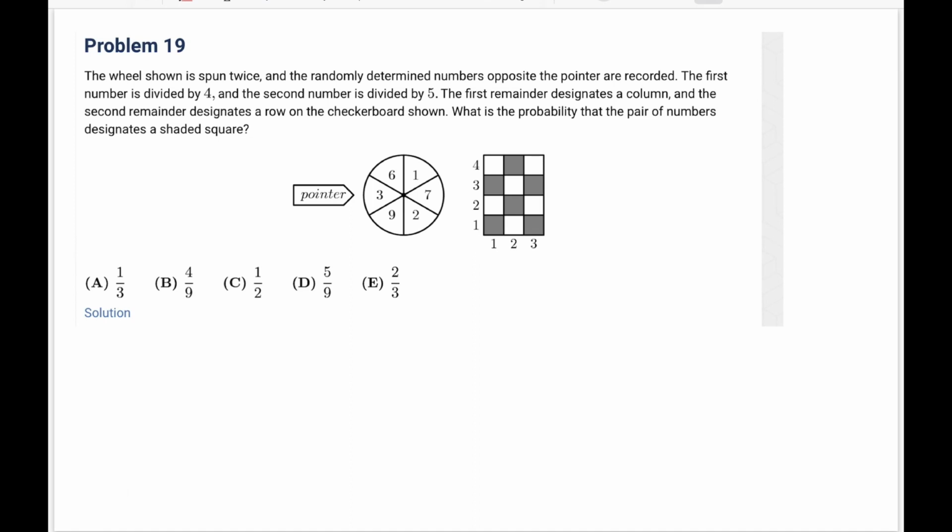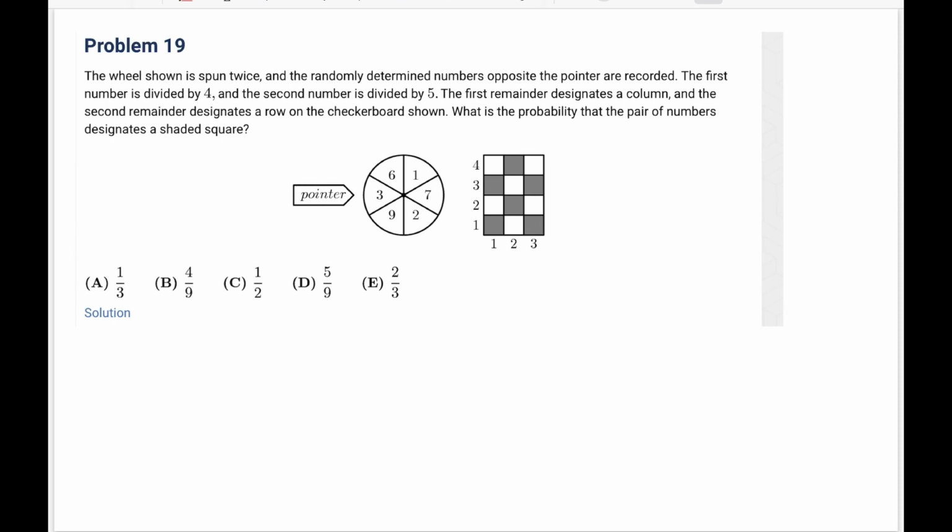Problem 19. The wheel is spun twice and the randomly determined numbers opposite the pointer are recorded. The first number is divided by 4 and the second number is divided by 5, and so there's a remainder designating a column and a row. What's the probability that the pair of numbers designates a shaded square?